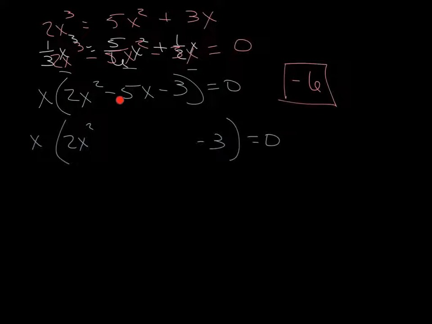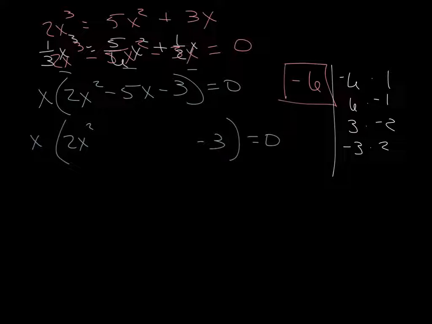In this case it's going to be a 6 and a 1 or a 3 and a 2, because negative 6 times 1 is negative 6, 6 times negative 1 equals negative 6, 3 times negative 2 equals negative 6, and negative 3 times a positive 2 equals negative 6.